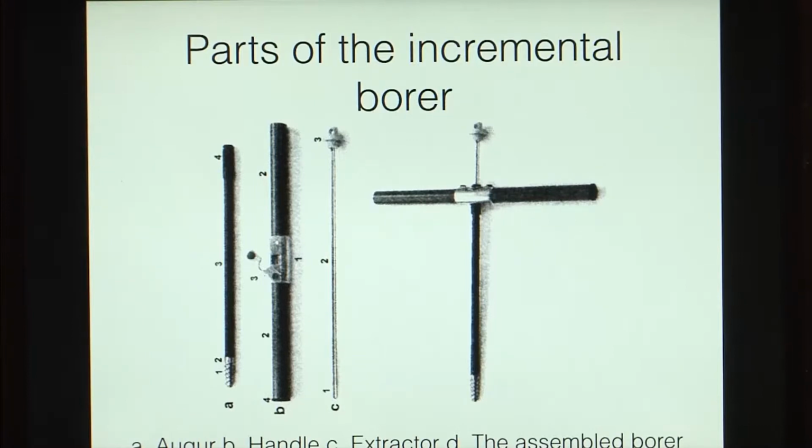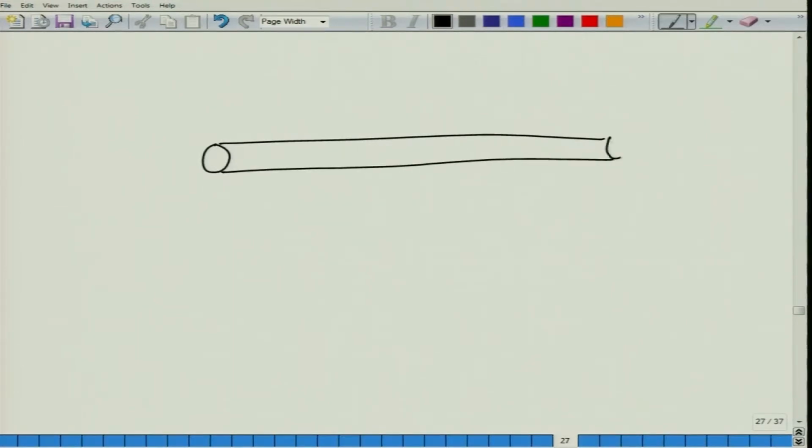So, how does this instrument look? It has a handle, which is very much like a cylindrical pipe. So, this is your handle. In this pipe we have a hole here and a hole here, on which we fix the auger.